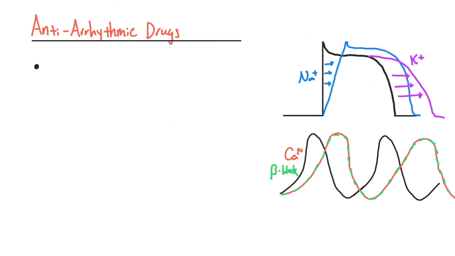We'll just finish up our talk about some antiarrhythmic drugs with a few miscellaneous drugs that do not fit into the other categories that we've previously described. The first of which that I want everybody to be familiar with is digoxin. Digoxin is interesting in how it works in that its mechanism is through inhibition of sodium-potassium ATPase.